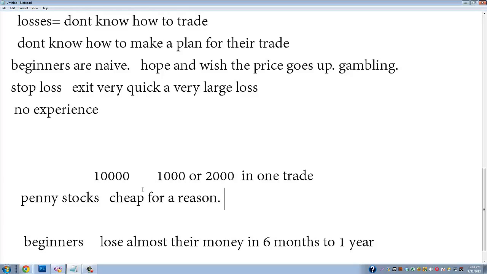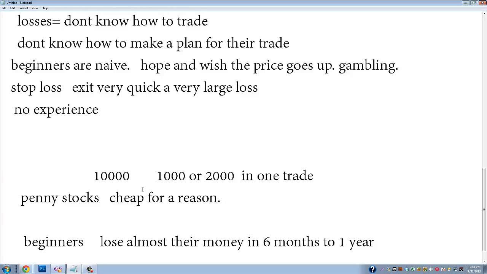Okay? Now you should do your homework. Why are the stocks called penny stocks or pink stocks or cheap stocks? It's cheap because the company is cheap. It doesn't make money, there are no earnings, there is a lot of competition, and it's a very, very small company.